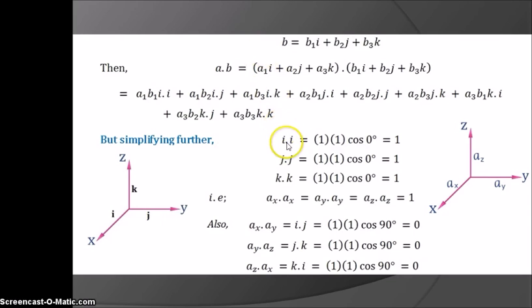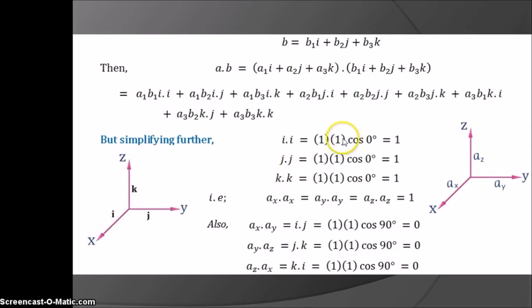So this i dot i, which is a scalar multiplication, is equal to AB cos theta, where A is 1, the magnitude of i, B is 1, the magnitude of i again, and theta is the angle between both of them, which in this case is 0, because parallel lines don't have any angle difference between them.